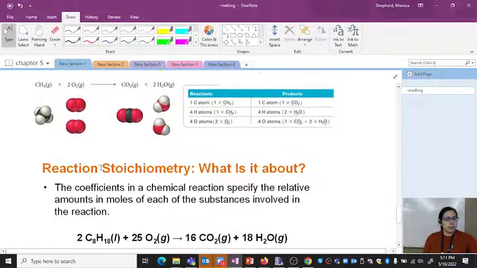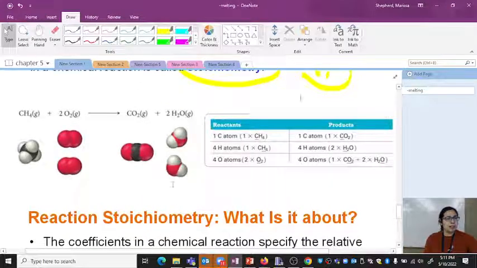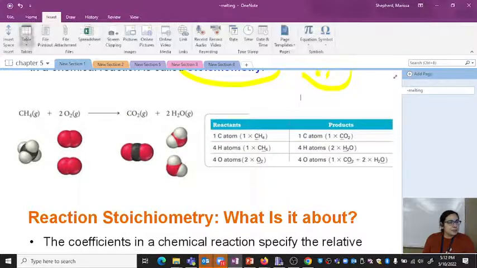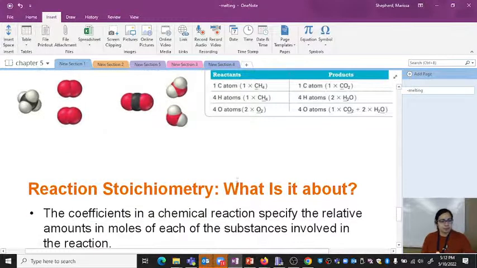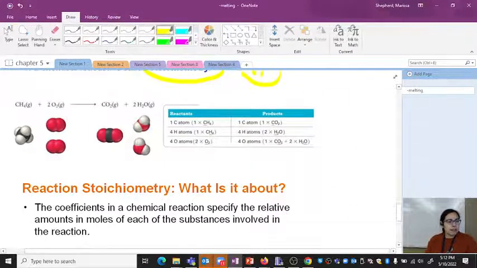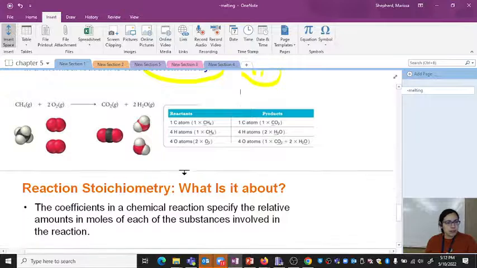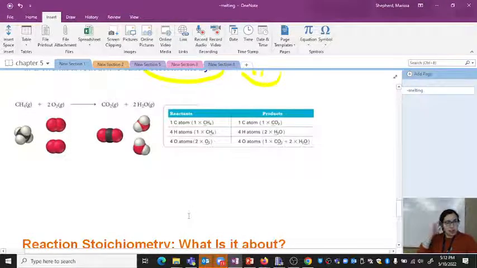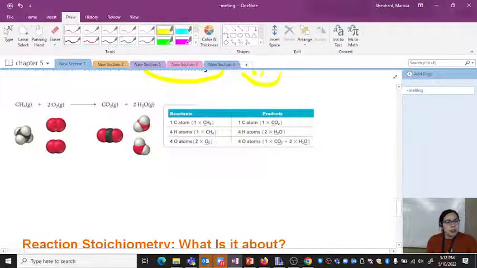So let's look at how to balance this equation here. They did it for us, so let's start over. This is how you would approach every problem. They could even give you the problem really generally and just say methane was burned in a combustion reaction, how much carbon dioxide was produced, whatever.